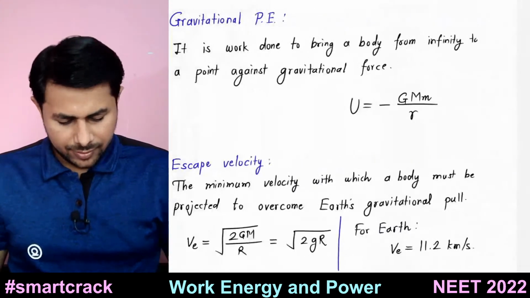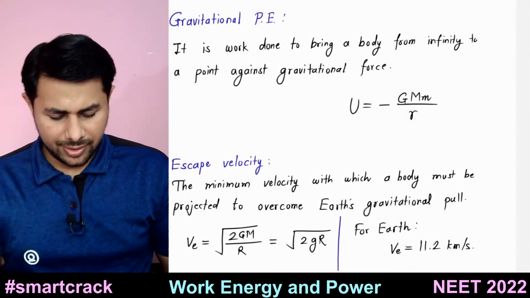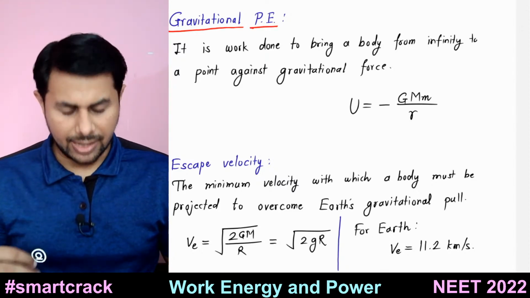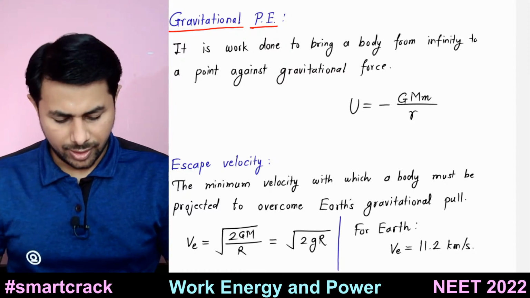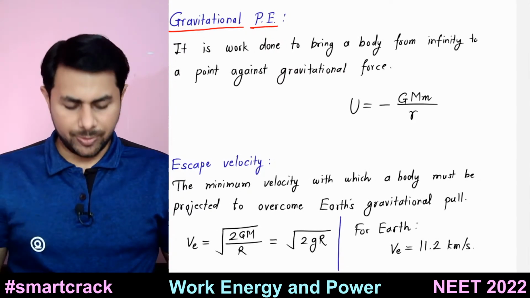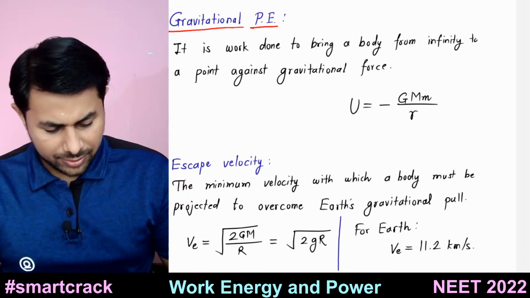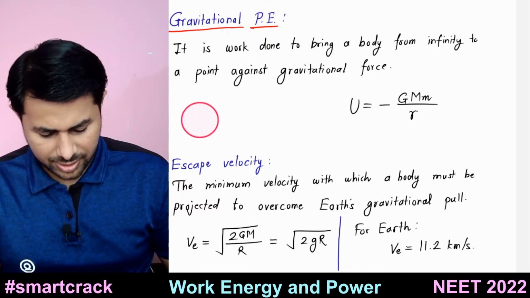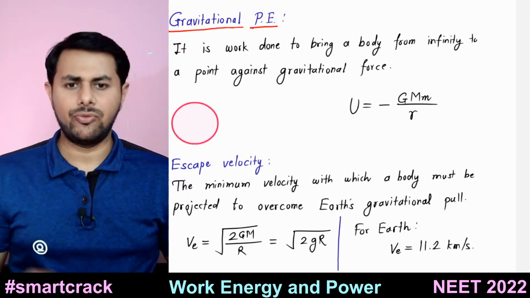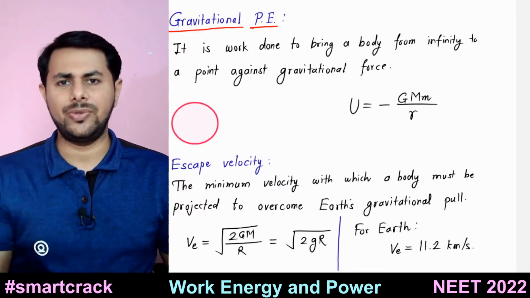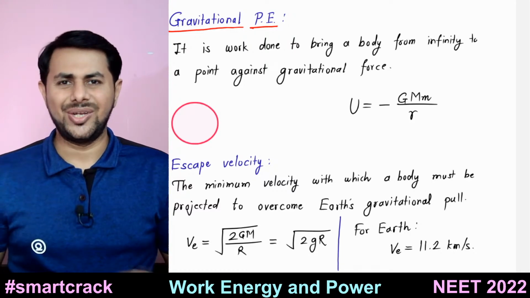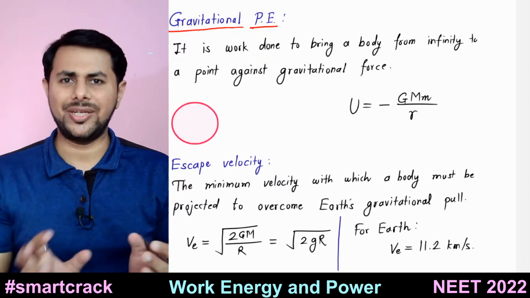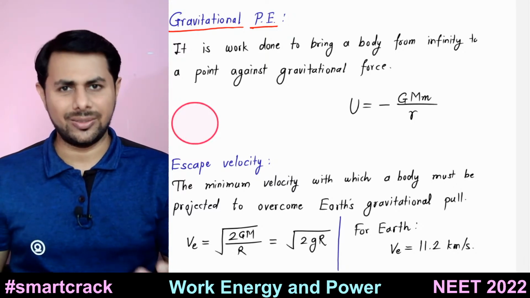Then let's move on to the next thing, gravitational potential energy. So what is gravitational potential energy? Let's suppose we have Earth, and we bring some object from infinity. What is infinity? Where Earth's gravitational field will not be there, or it will be very negligible. Such a distance, we'll call infinity.